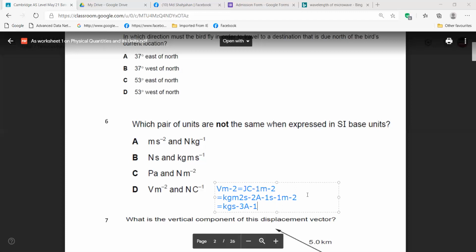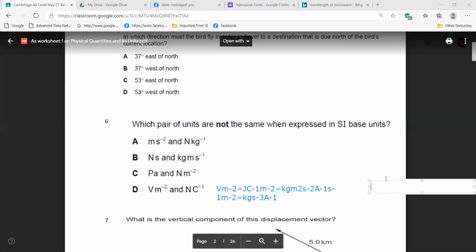Okay, now Newton per coulomb we are writing also here. Newton per coulomb, how is it coming? Newton means kg meter per second square, right?